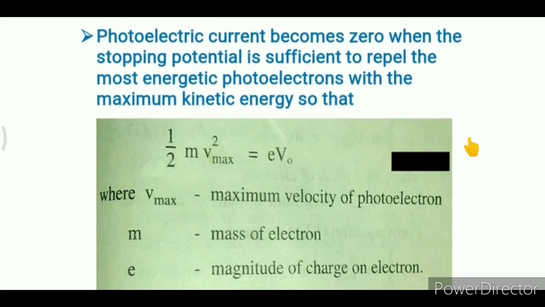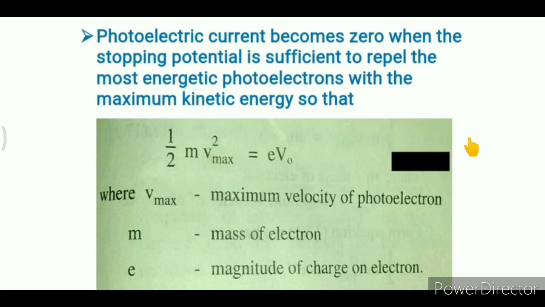Over here, as I told you, when the negative potential is applied to the collector plate, the photoelectrons are repelled from the collector plate. Okay, as the negative potential increases, those photoelectrons are repelled more from the collector plate. Okay, but those photoelectrons have sufficient energy to overcome that negative, retarding potential to reach the collector plate.